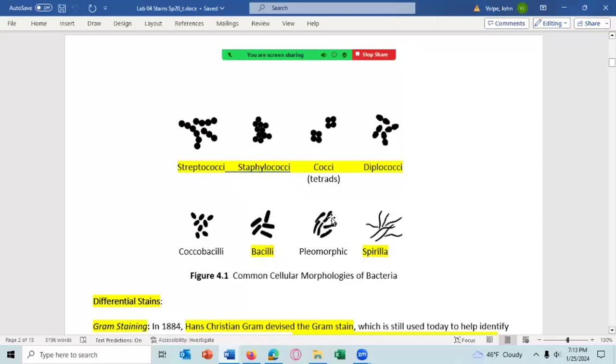That one looks like a gentle spiral. And these look like curved rods. And you can get them in much more diverse shapes than this. There are a few other shapes too, but we're not going to cover that at least now. But the three main shapes are cocci, bacilli, and spirilla.